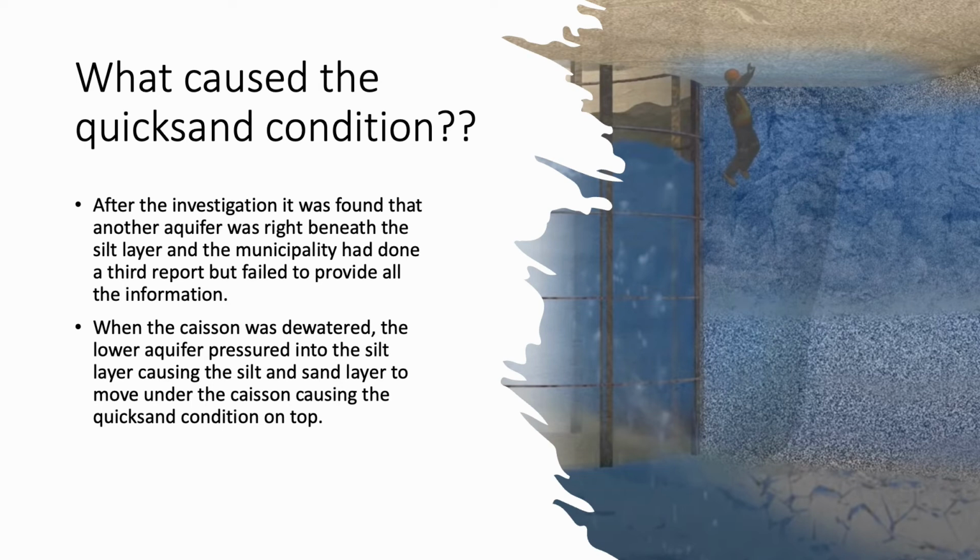So when the caisson was dewatered, the lower aquifer pressure pushed the silt layer and the sand layer, so everything was moving right beneath, which caused the quicksand condition. As you can see here in the picture, everything was flowing into the caisson, and the worker was being pushed down.